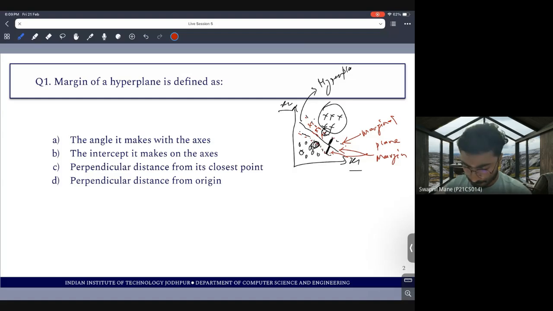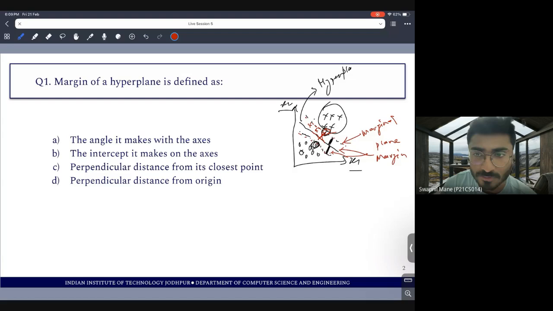So this is the point, and we are calculating the distance to this hyperplane. So that is the perpendicular distance between the closest point and the separable boundary actually.